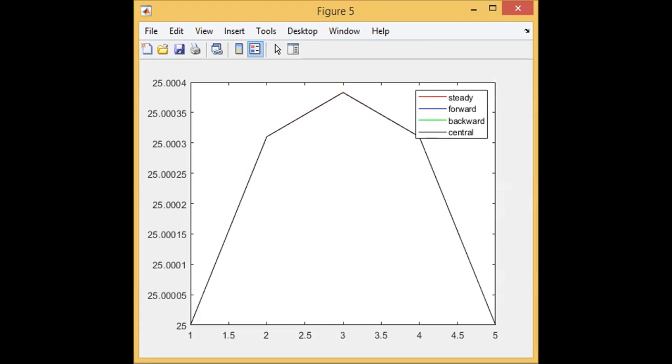It is going to remain the same, but use a different value for backward, forward, and the central. And then you will be able to work it out. You are going to have some idea regarding their performances, which is going to converge faster, which is not converging at all, or something like that.